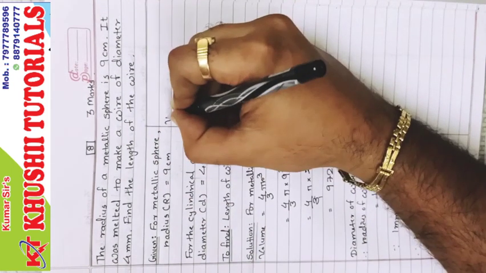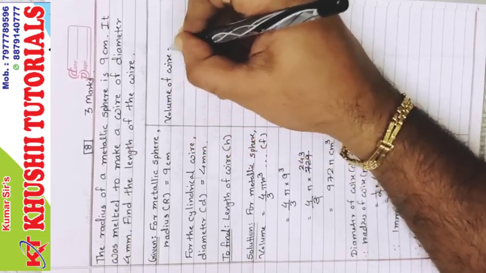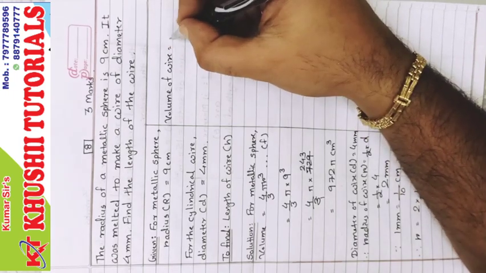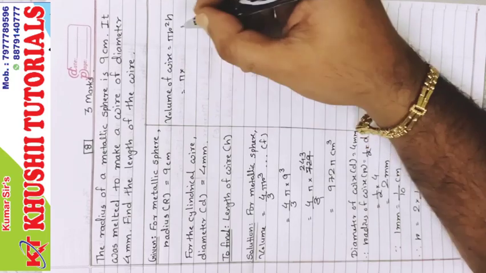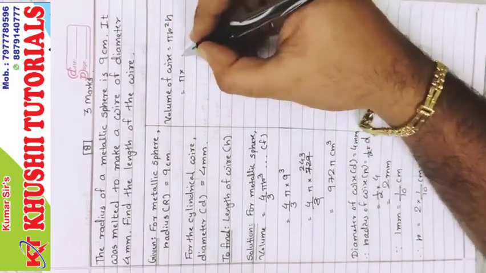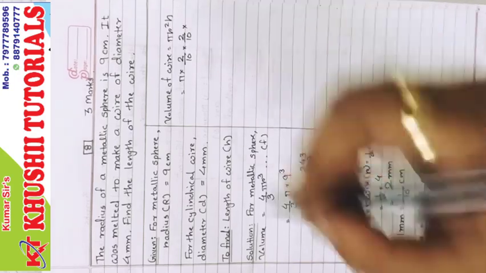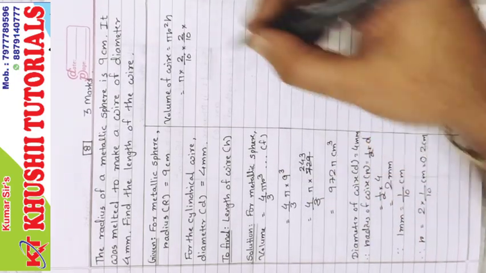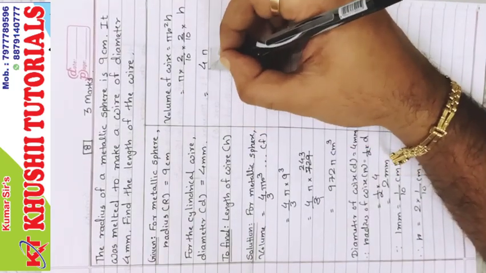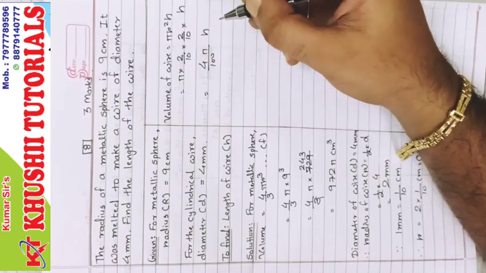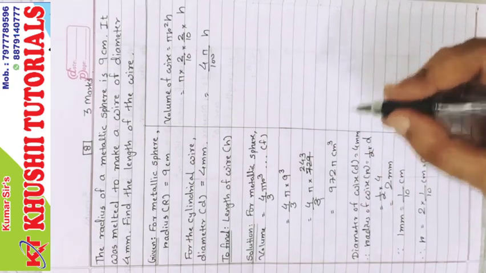Now volume of wire. Volume of wire is a cylinder, which is pi r square h. Pi will remain pi. R we know 0.2, so 2 by 10 into 2 by 10 into height. Height we don't know, we need to find height, right? So 2 2s are 4 pi upon 100 h. So this is volume 1 and volume 2, volume of wire.